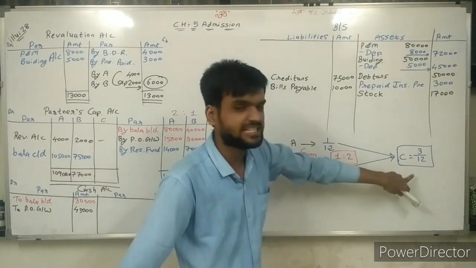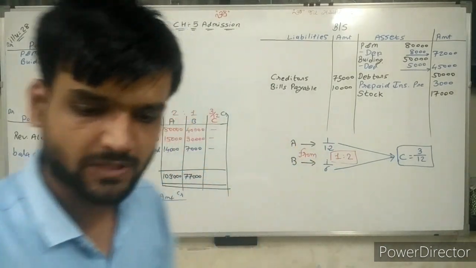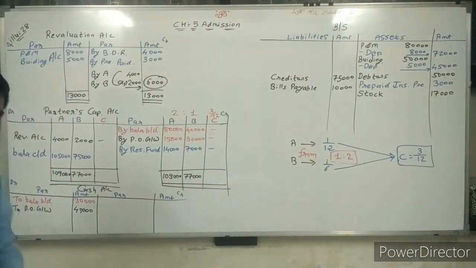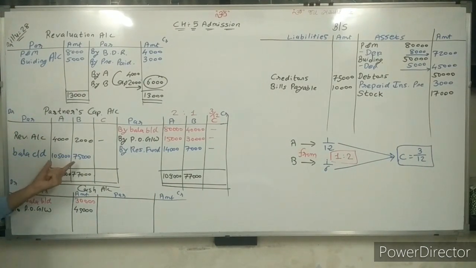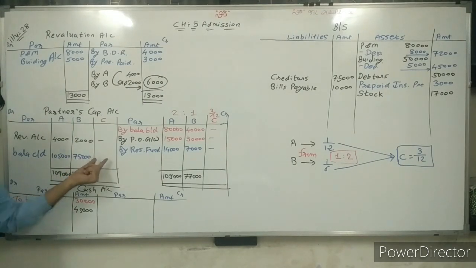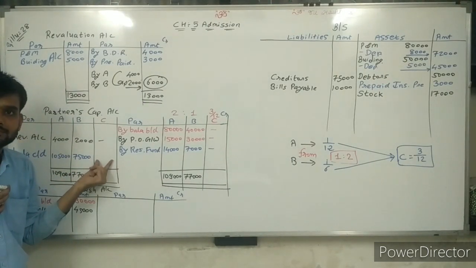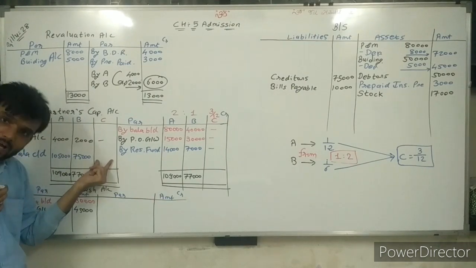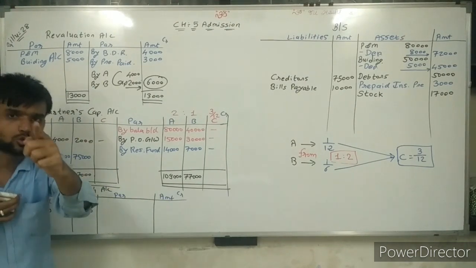For calculation of C's portion, how many rupees will be brought by C? We have the closing balance of these two partners, but we don't know the ratio of C, the portion of C, the amount of C. That we need to find. So try to understand.